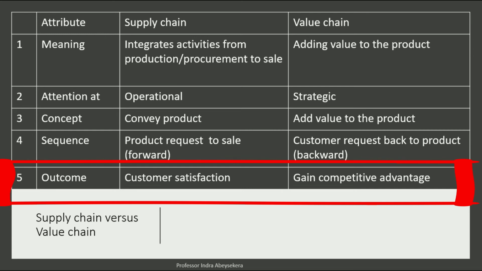For example, value chain is finding out about how to add value to the customer in different ways. A very generic type of example for that is someone going and buying a brand new pair of shoes, and the salesperson would then also offer a shoe cream along with the brand new pair of shoes.